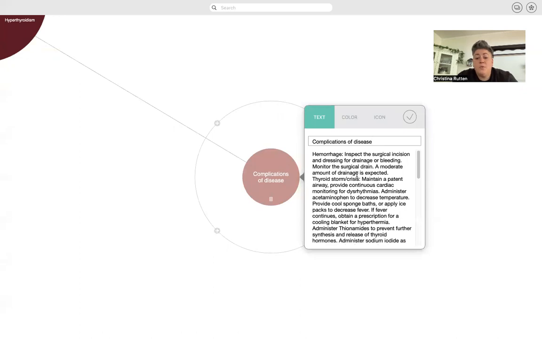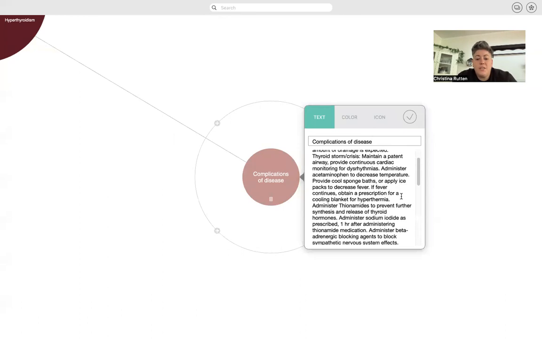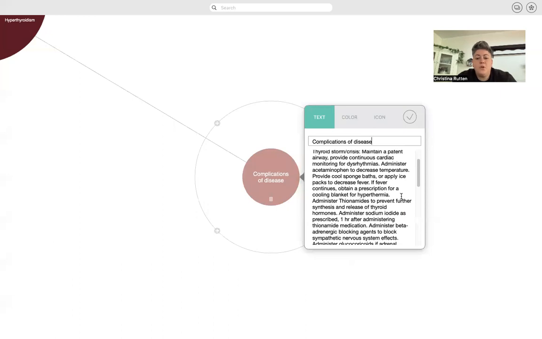A thyroid storm or crisis. Maintain a patent airway. Provide continuous cardiac monitoring for dysrhythmias. Administer acetaminophen to decrease temperature. Provide cool sponge baths or apply ice packs to decrease fever. If fever continues, obtain a prescription for a cooling blanket for hyperthermia.